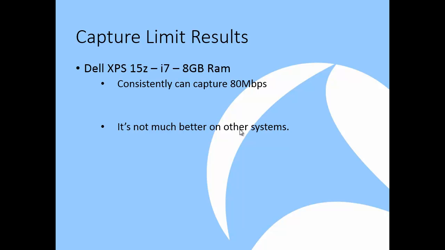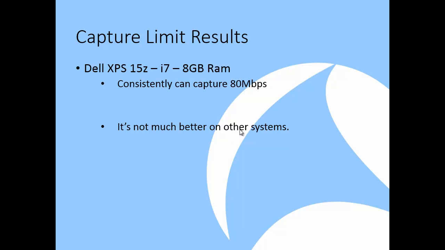We find that systems simply aren't able to keep up with the ingress traffic stream. Last year at Sharkfest, we shot machines with solid state drives, 16 gigs of RAM. We shot machines with Apples. We shot almost any brand you could think of, and very few of them were able to capture much over a 100 megabits per second stream.